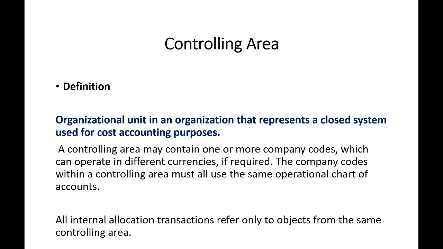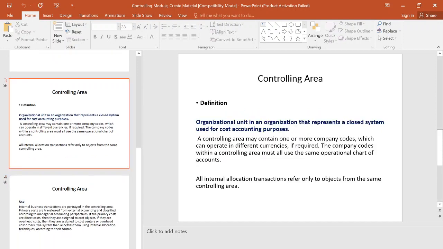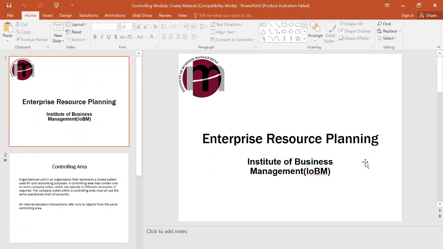So this area is used, and there is a material master in this area that consists of a list of materials. We will talk about material master in the next lecture as it's a part of the controlling module.